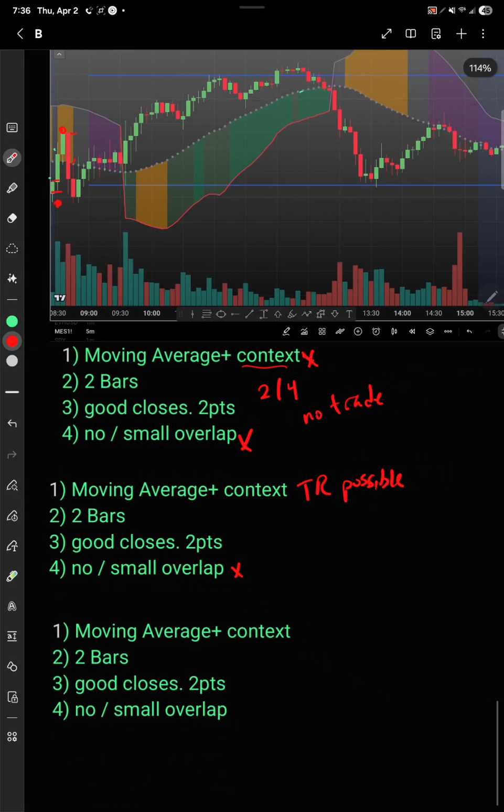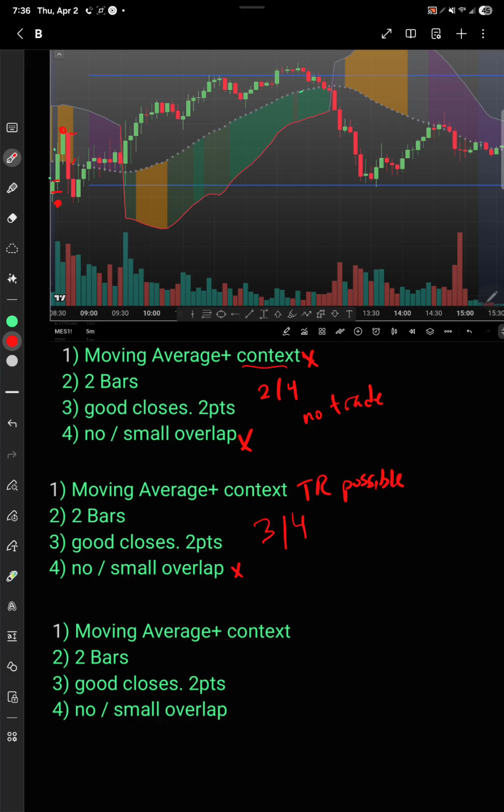So trading range possible, 2 bars, kind of good closes. I think they're both good bars, but not great bars. I'm going to give this 3 out of 4.